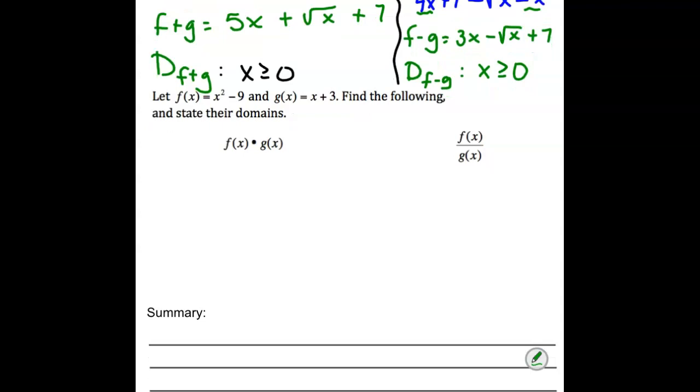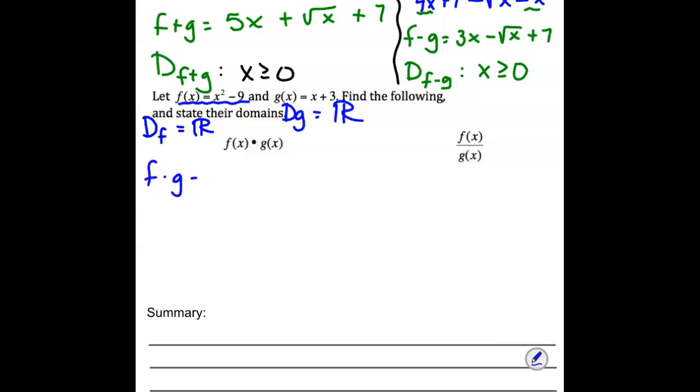All right, our last example, we have function f is x squared minus 9. Again, no even roots and no fractions, so the domain would be all reals. For g, x plus 3, there's no even roots and no denominators, so all reals. We're going to multiply these together.